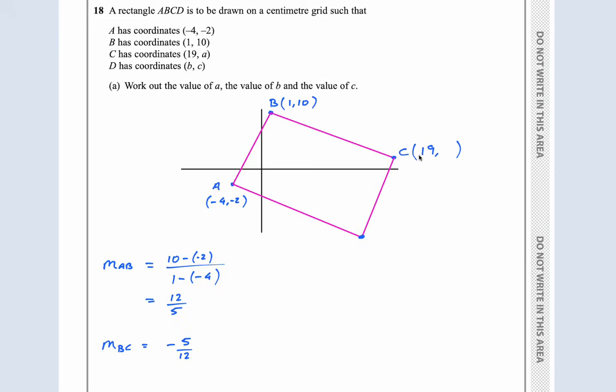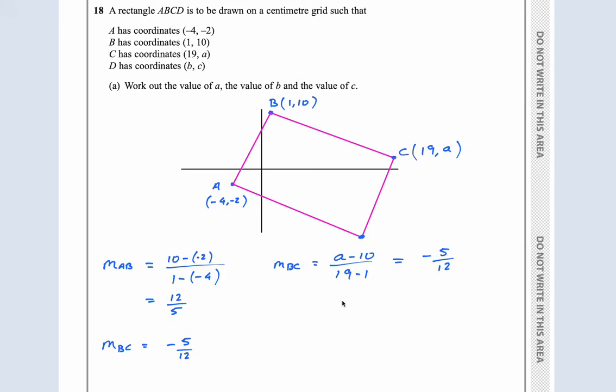So this coordinate here is 19, a, so don't let the little a confuse you. So this gradient, m_BC, is equal to y2 minus y1, a minus 10, over 19 minus 1. But I know that this equals negative 5 over 12, because this gradient is negative 5 over 12 from this.